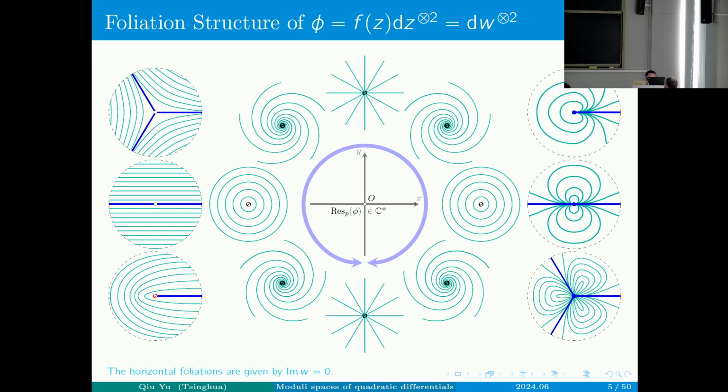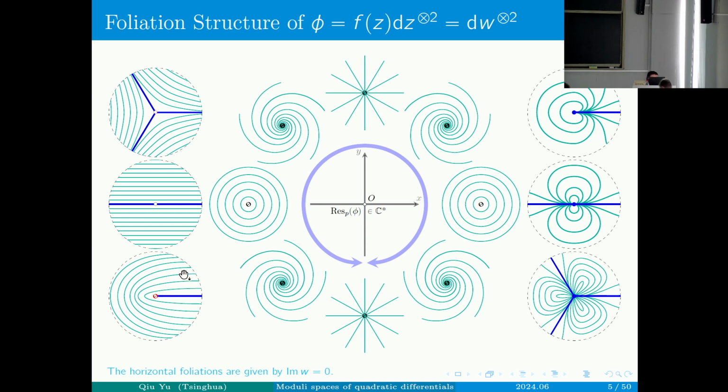The key property of a quadratic differential is this foliation structure. Basically, this is pulling back the horizontal foliation from C, which is defined by the imaginary part of the complex number being constant.